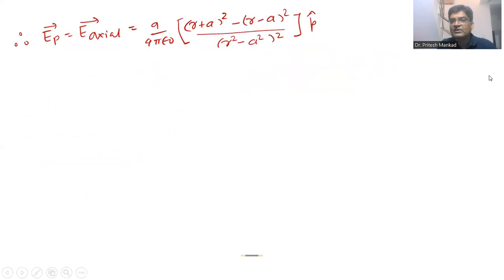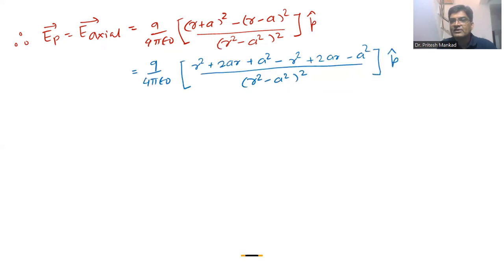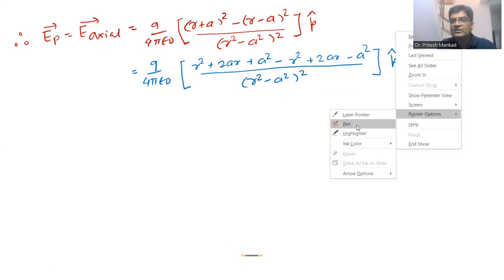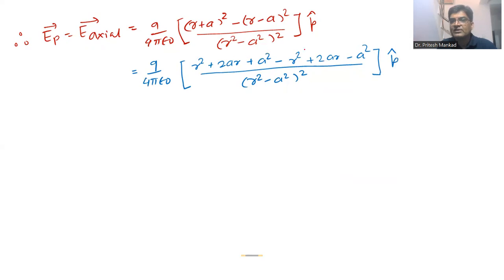we can pick up Q over 4 pi epsilon 0 common. So (r plus a) square minus (r minus a) square, divided by (r square minus a square) whole square. We can further simplify it mathematically, and we can see over here that this part gets cancelled out, and we are left with the term Q over 4 pi epsilon 0 into 4ar.